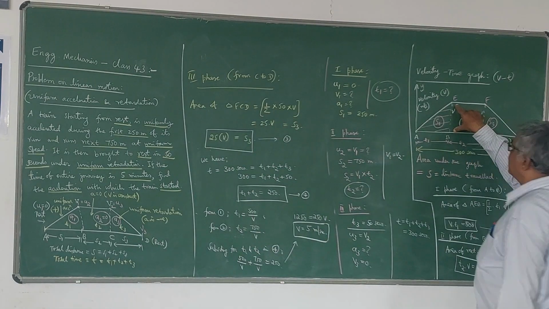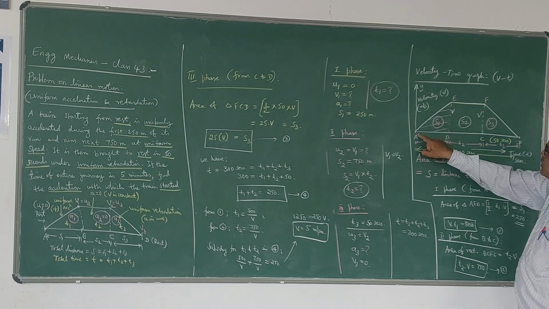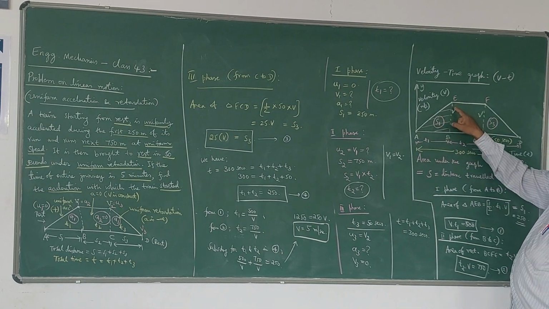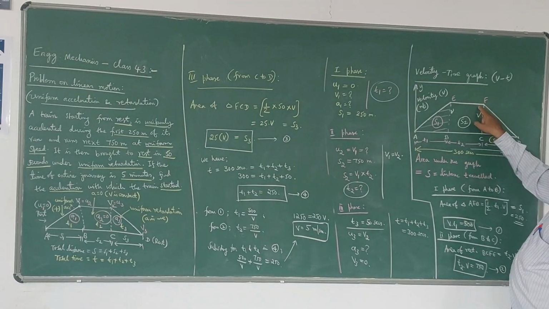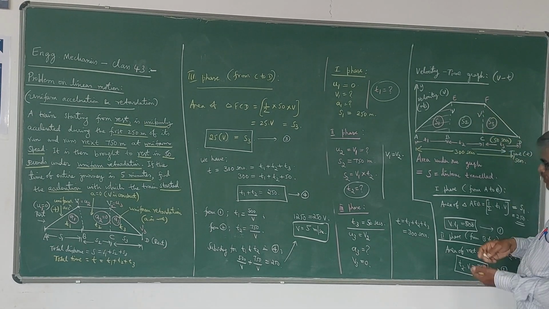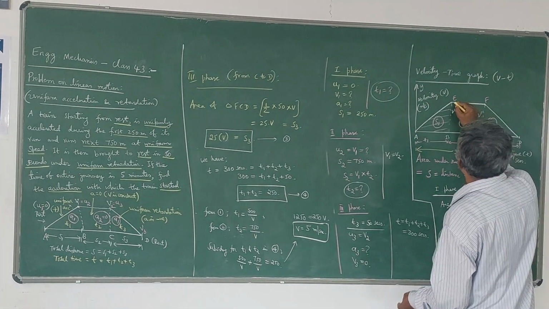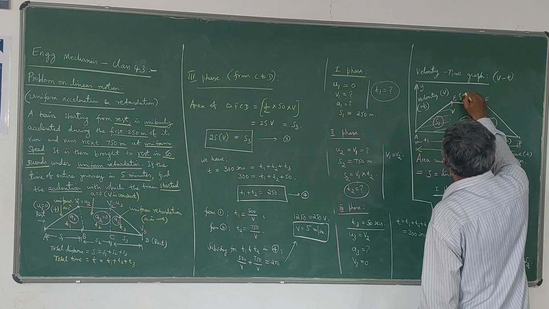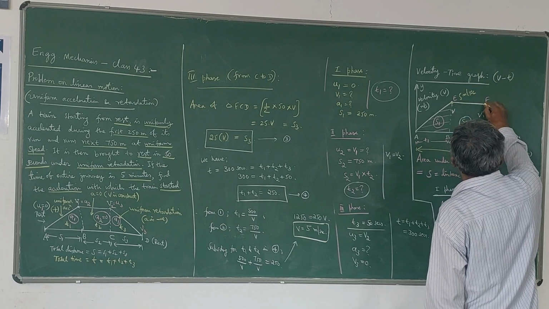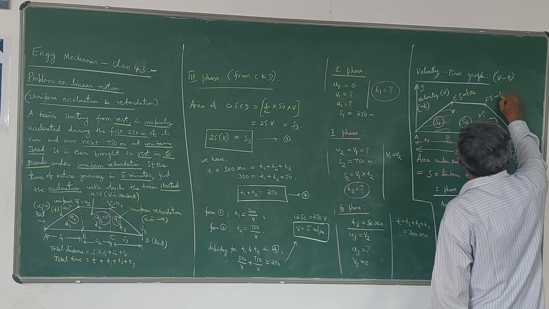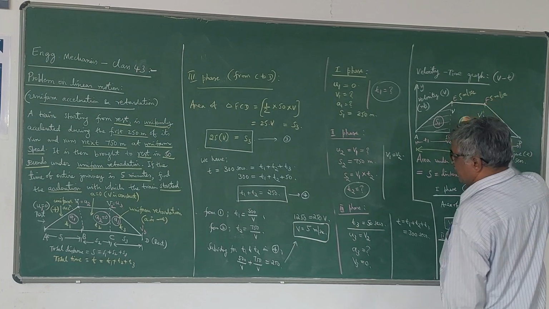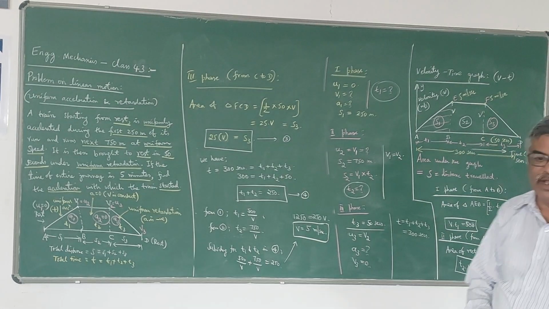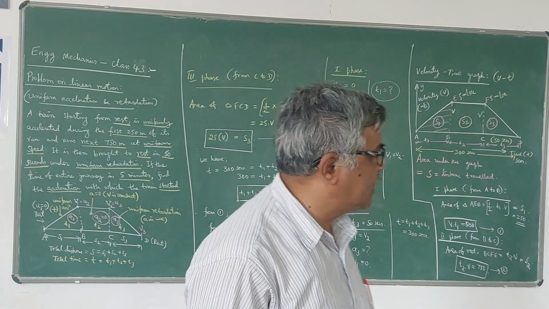That means the maximum velocity reached in the first phase, then it remains constant, then it reduces. So now we got this value of V as 5 meters per second, and this also is 5 meters per second. Later on, it reduces to 0. So we got the value of V as 5 meters per second.